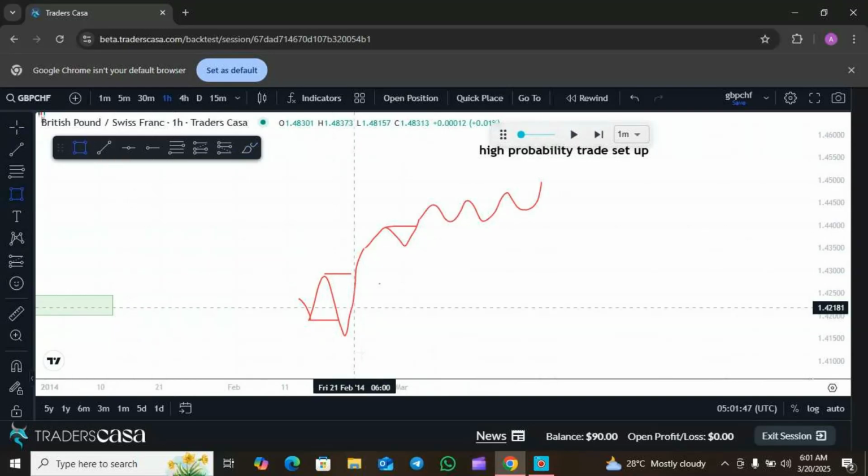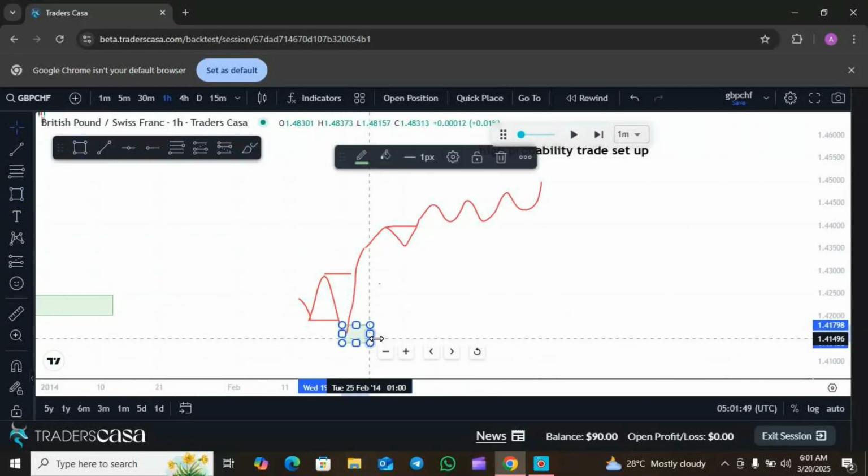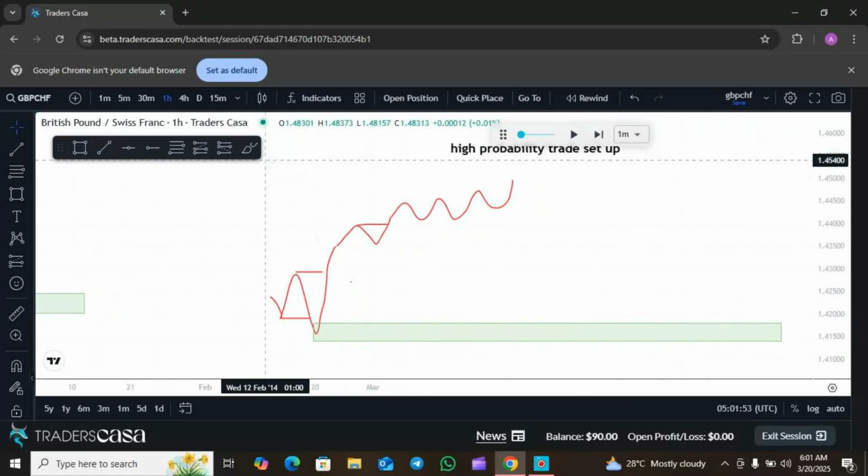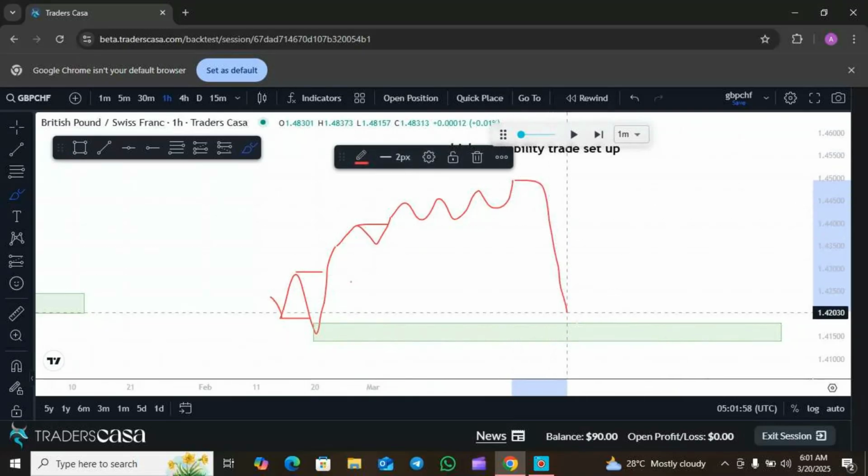now most of you will like to use here as your POI because you think that once market comes to your POI, it will go up.